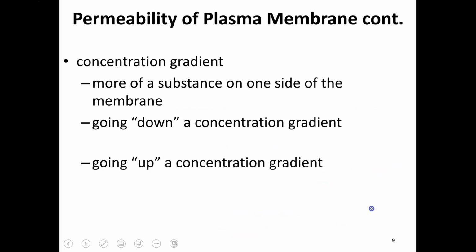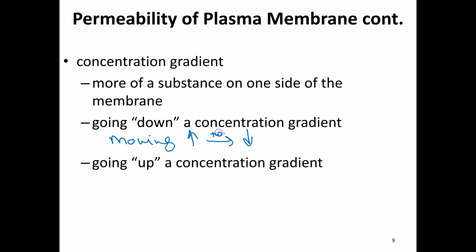When molecules pass through the plasma membrane, they are either going to move from an area of high concentration to an area of low concentration, and that is called going down a concentration gradient. So you're moving from high concentration to low concentration.